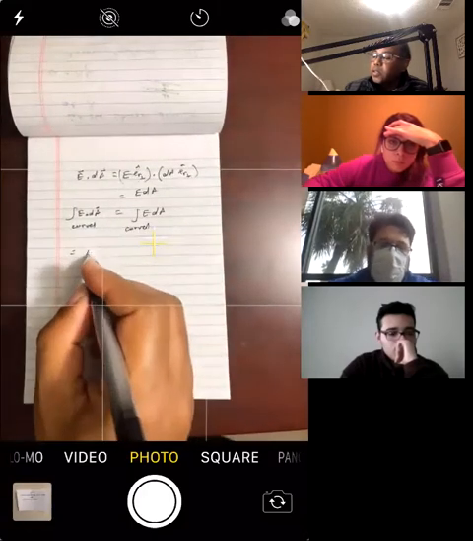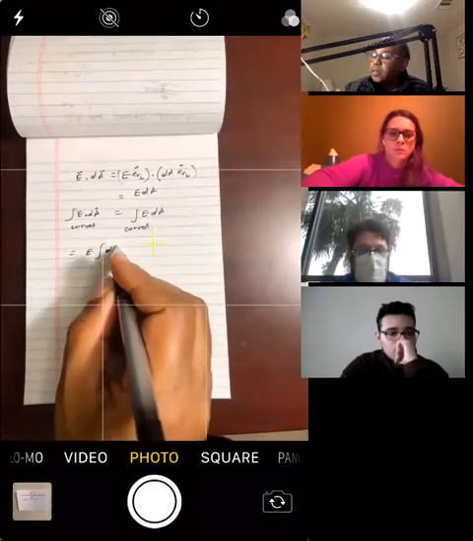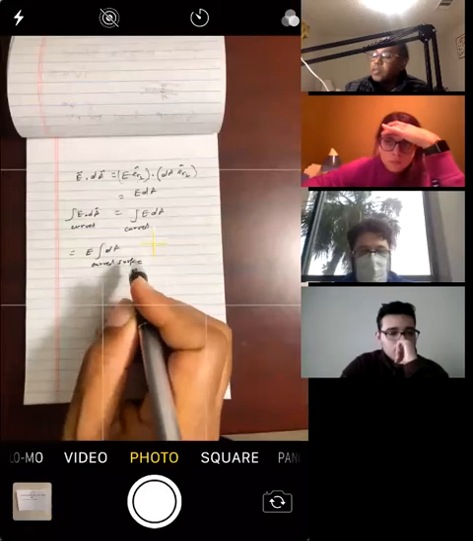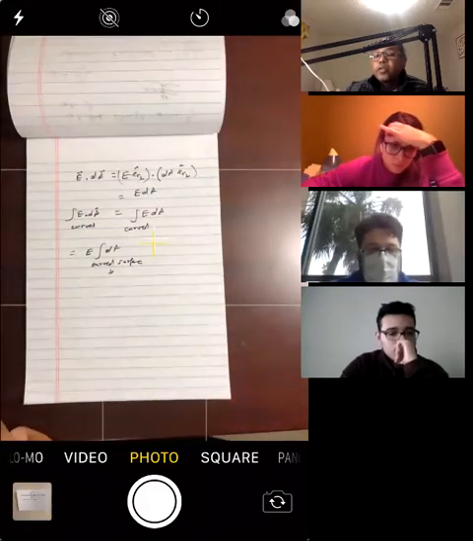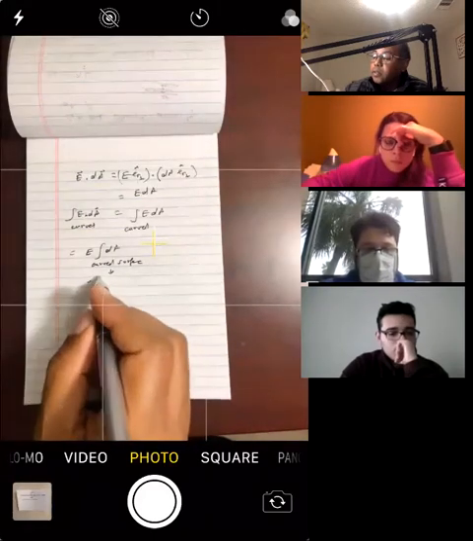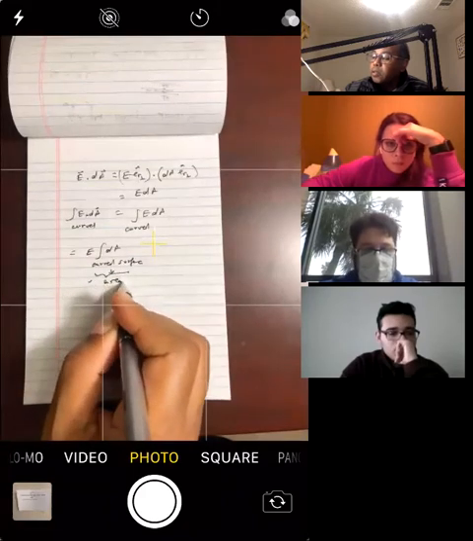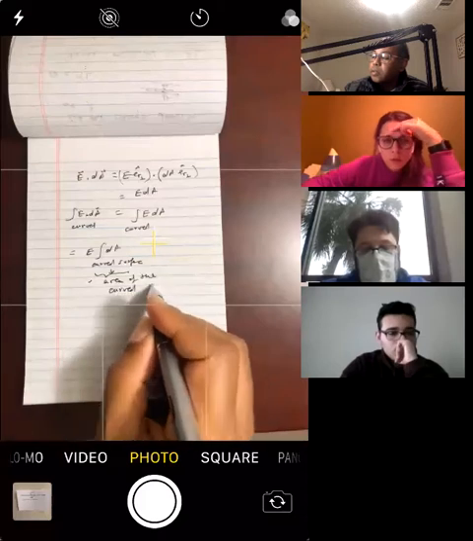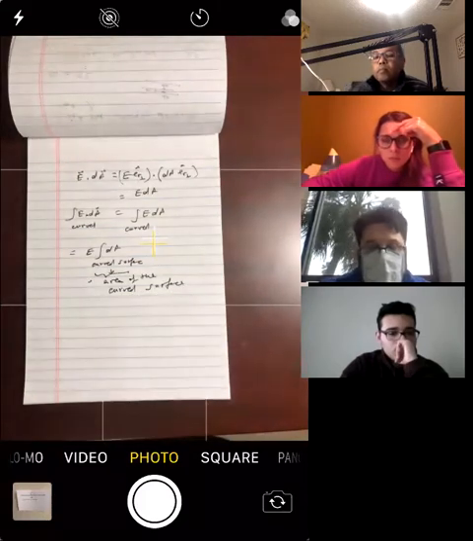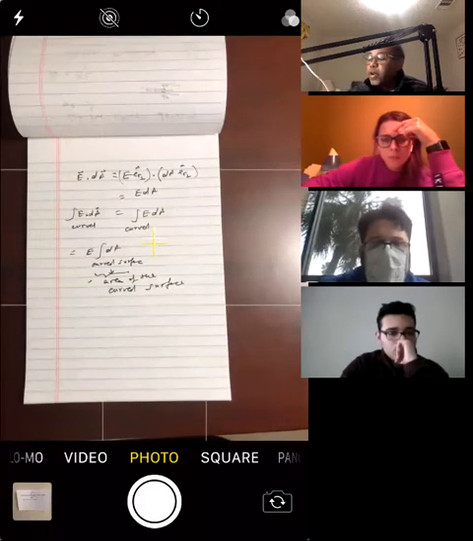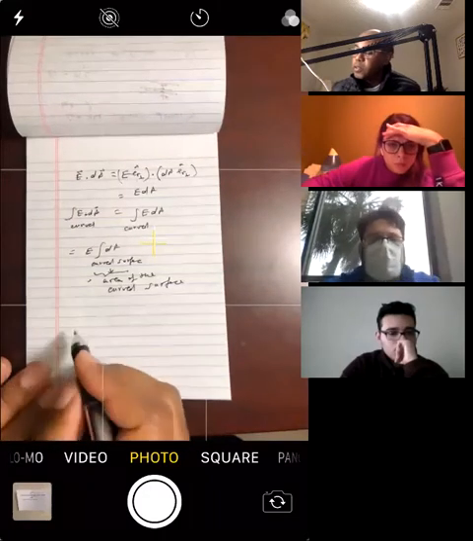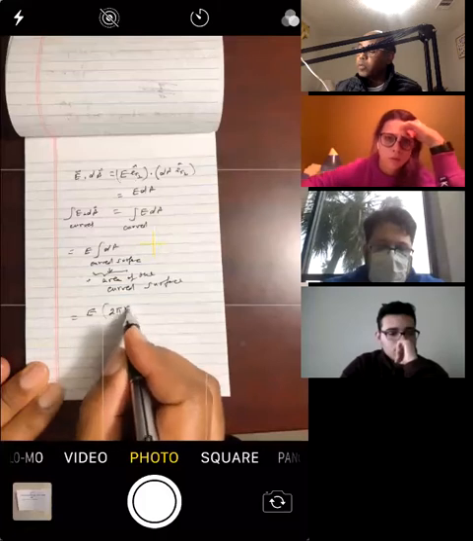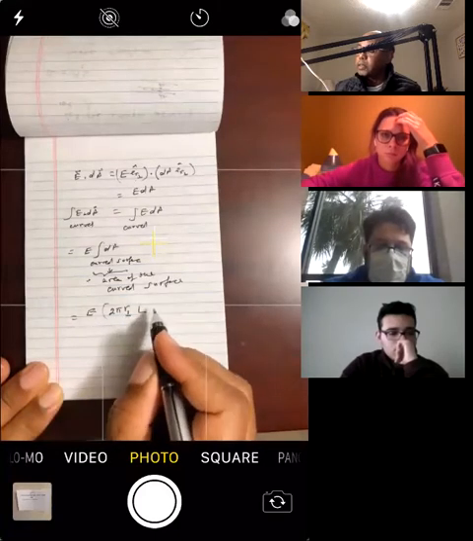So this is E times the integral of dA, which is the area of the curved surface. Can you tell me what's the area of the curved surface? 2 pi r times length. Very good. So this equals E times 2 pi r perpendicular times length.